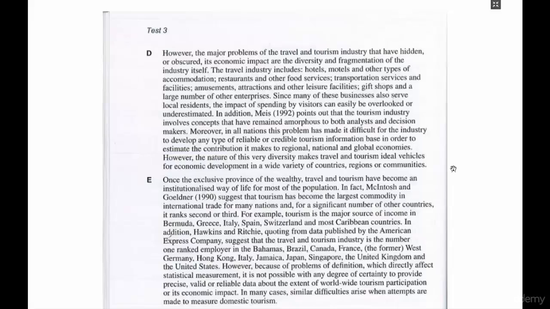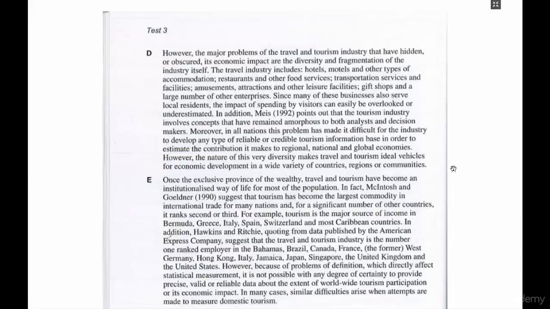However, the major problems of the travel and tourism industry that have hidden or obscured its economic impact are the diversity and fragmentation of the industry itself. So, this is telling us that the problems of tourism that have hidden or obscured. Hidden and obscured mean the same thing.